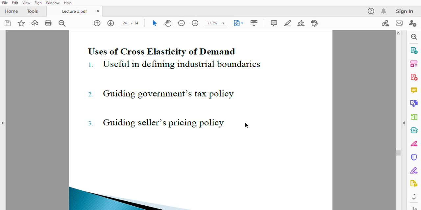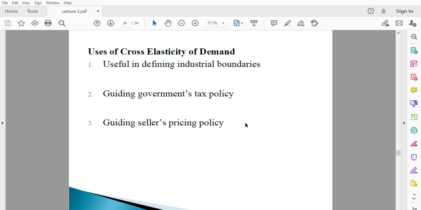And even for companies in a particular industry, let's say the chocolate industry, where there are different companies that produce chocolate. If you know the elasticity between your chocolate and the other chocolate, it will help you to know the price to charge at every point in time.